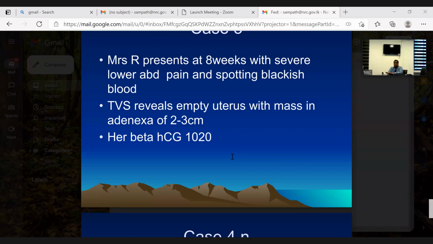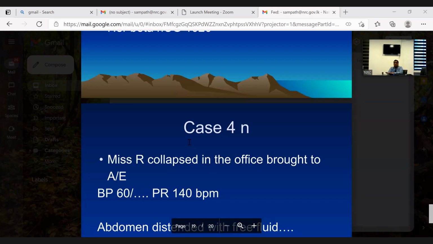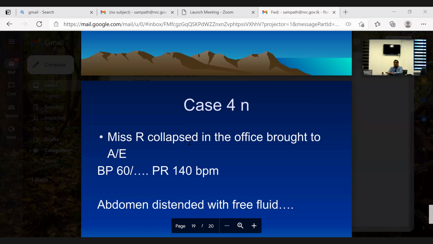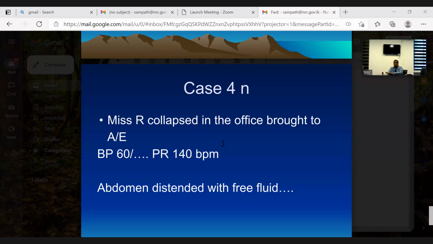Finally, Mrs. R has not received the medical management. She has gone home, and the ectopic starts growing and she is brought to A&E.